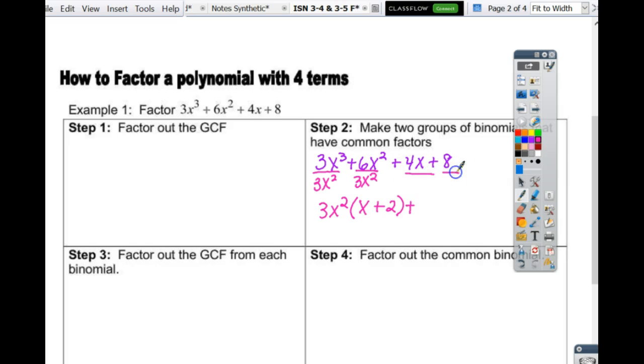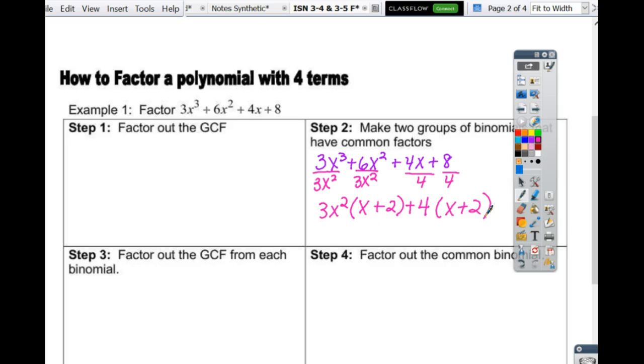So when I divide 4, does anybody see anything on this line now? What's the same? You see the parentheses are the same?